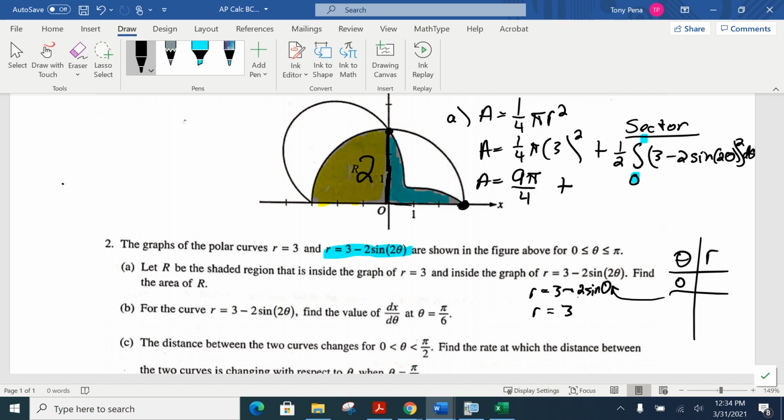Then we're probably thinking that since this occurs right here, this is pi over 2. So if we just want to confirm that, let's plug pi over 2 into that equation and see if it gives us this y value of 3 that it's supposed to be giving us. So r would equal 3 minus 2 sine of twice pi over 2.